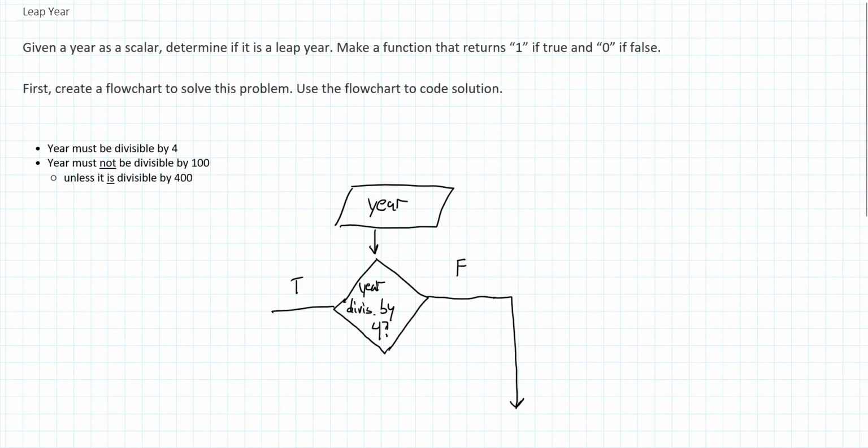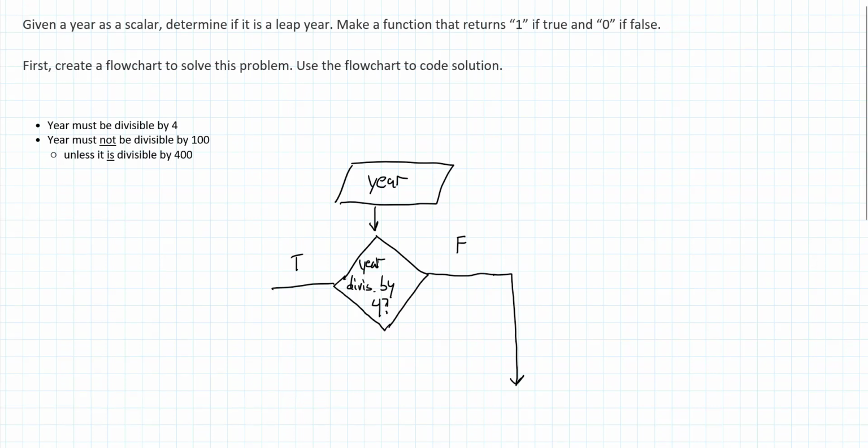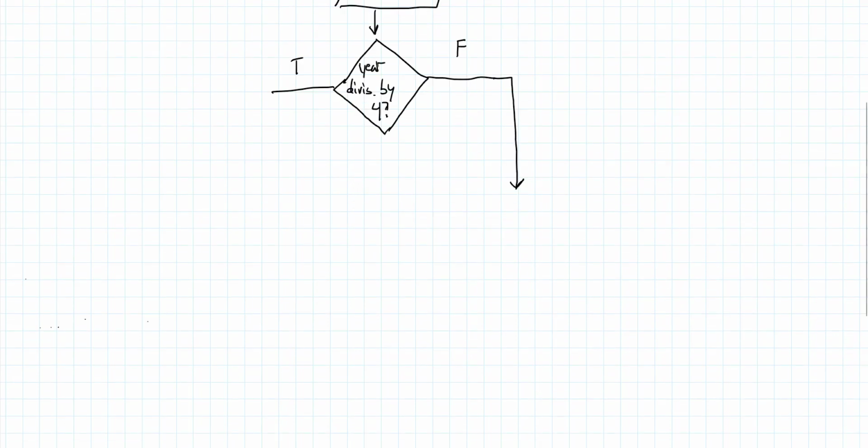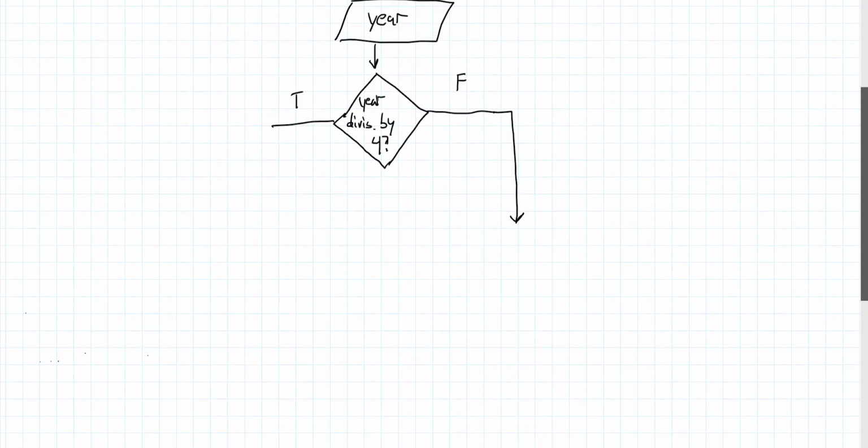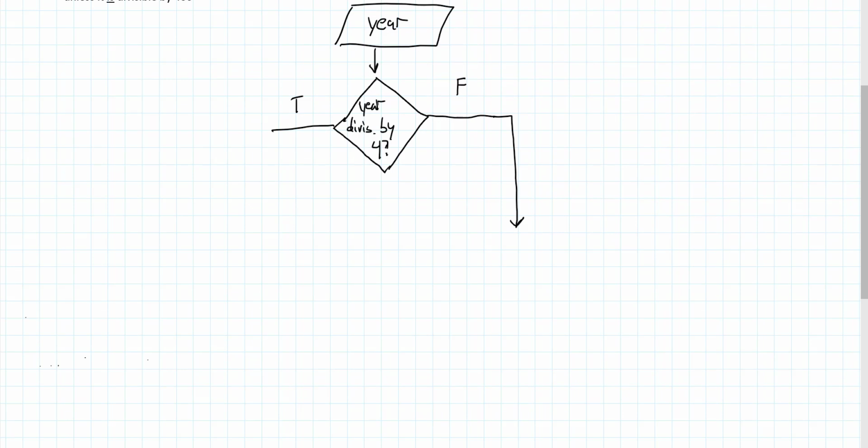We want the function to return a 1 if it's a leap year, and a 0 if it's not a leap year. So when this is false, the year is automatically not a leap year. That takes us down here to the result, which I'll call leap, being 0. If it's not divisible by 4, it is not a leap year.